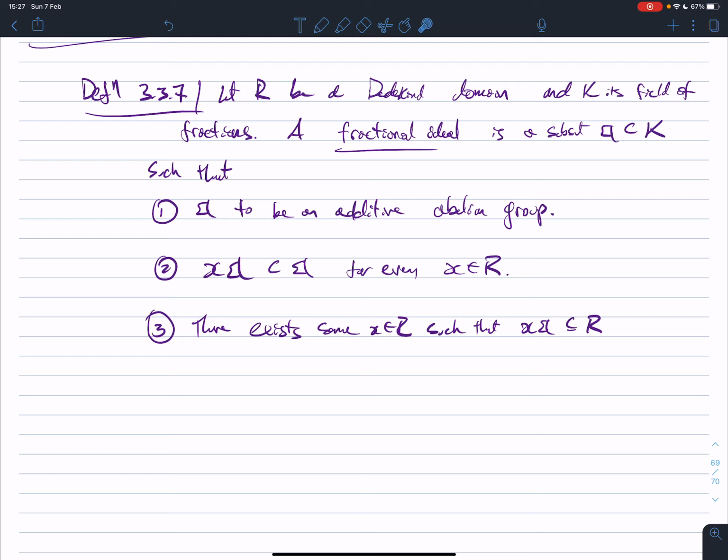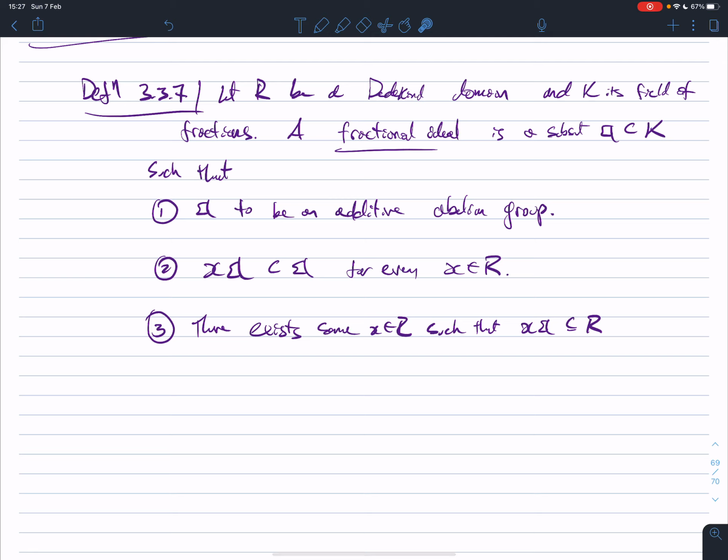So every ideal is a fractional ideal. Every ideal is an additive subgroup. For every ideal this holds, and if I just take the number 1, then I know that 1 times A is an ideal in R. So this always works. But what I'm saying is that I'm taking some special subsets of my field K such that it's basically an ideal, and I can think of this x as clearing denominators.